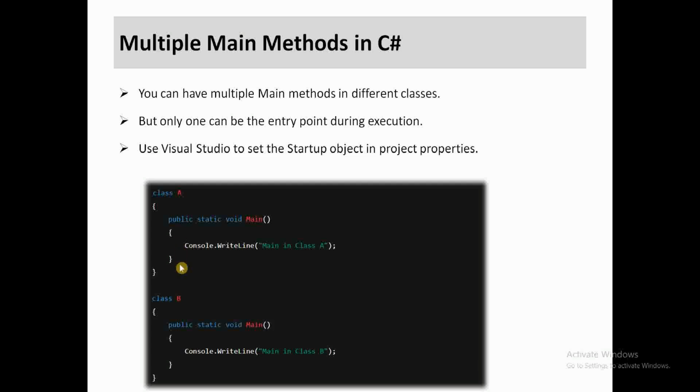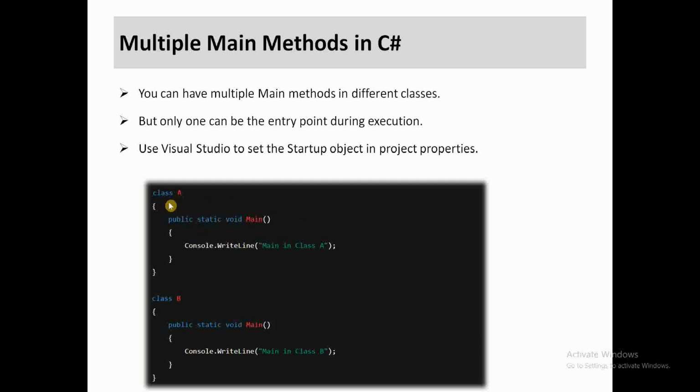You can see one example here, where we create a class A and a class B. We have two classes, and in both classes we have main methods, but which one will start? It will only execute one main method, not all main methods in all classes. If we want to start the application, we specify the class name whose main method we want to run.